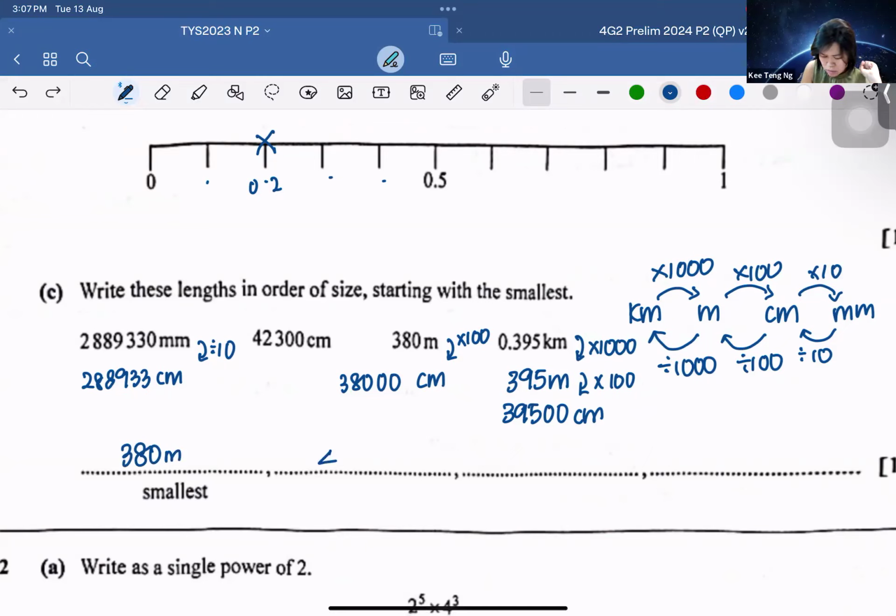Then 0.395 kilometer. Then 42300 cm. Then 2889330 mm. Check whether you have this answer or not. This one should be okay, right? Simple, straightforward enough. Okay, next question.